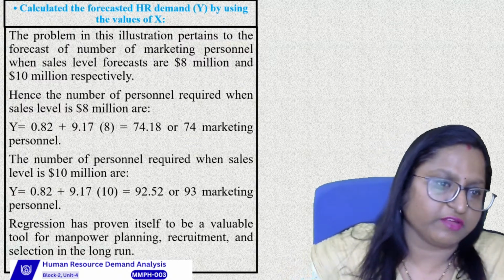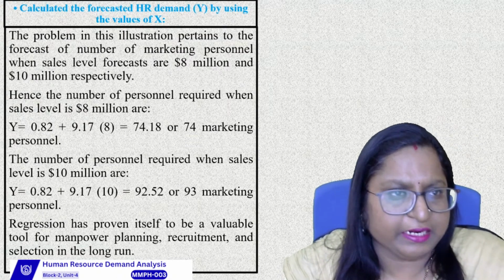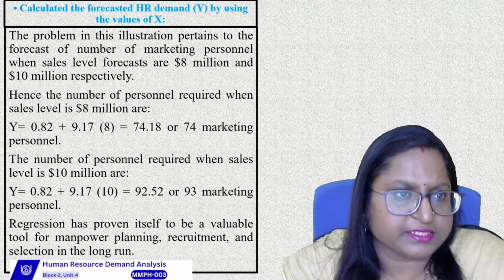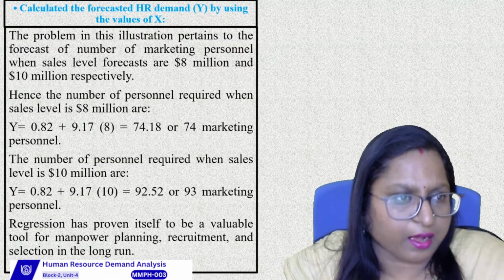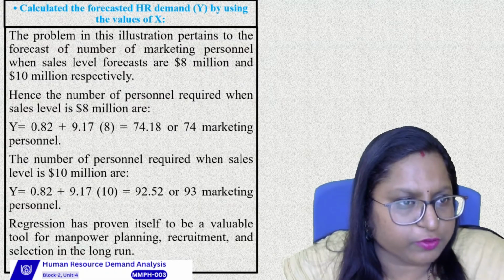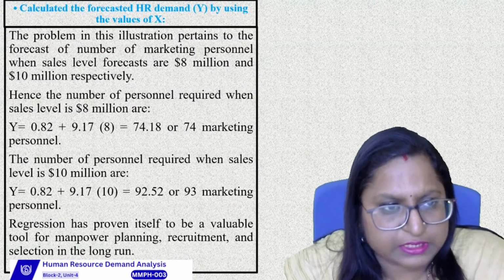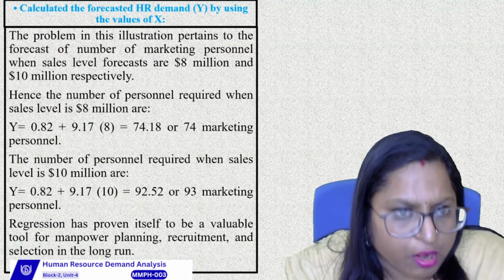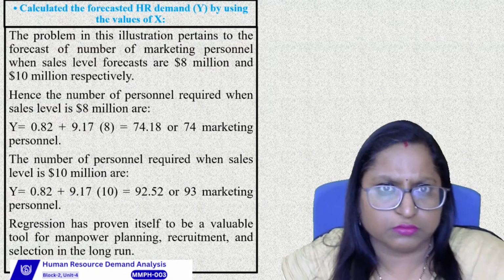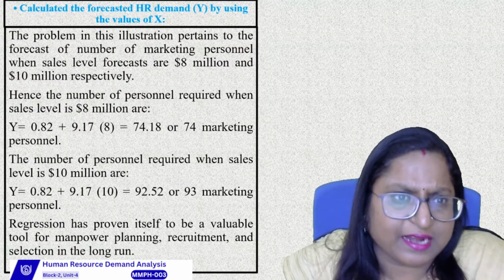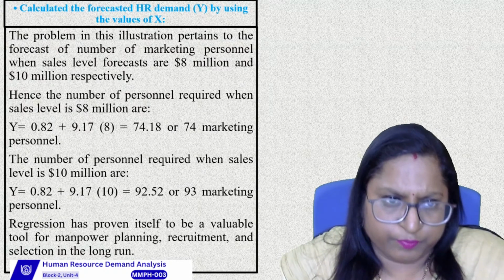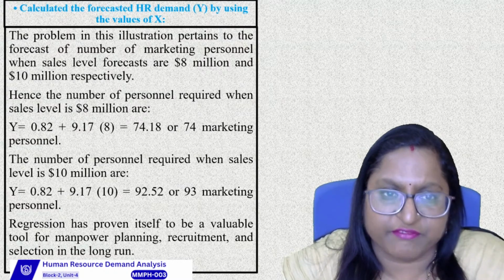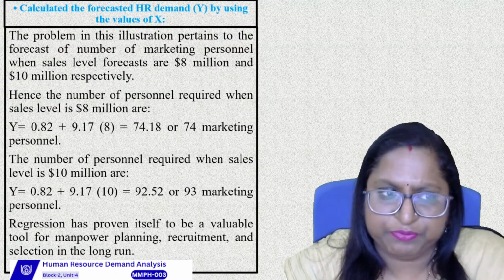Suppose we take the value of x as 8 million and 10 million. Hence the number of personnel required when the sales level is 8 million is y is equal to 0.82 plus 9.17 into 8, which is equal to 74.18. Manpower cannot be considered as a fraction, so we can consider this approximately 74 marketing personnel.